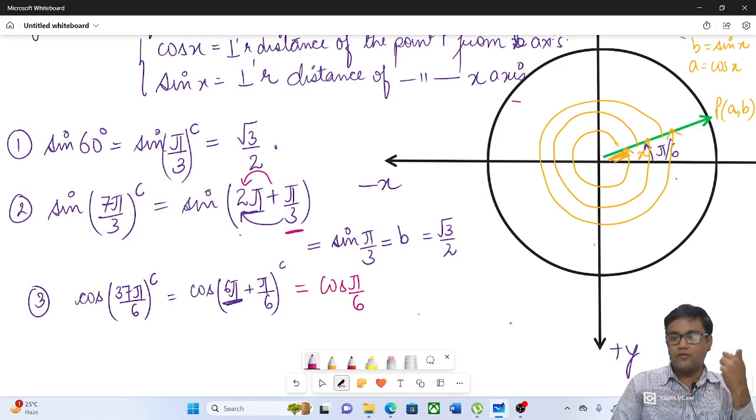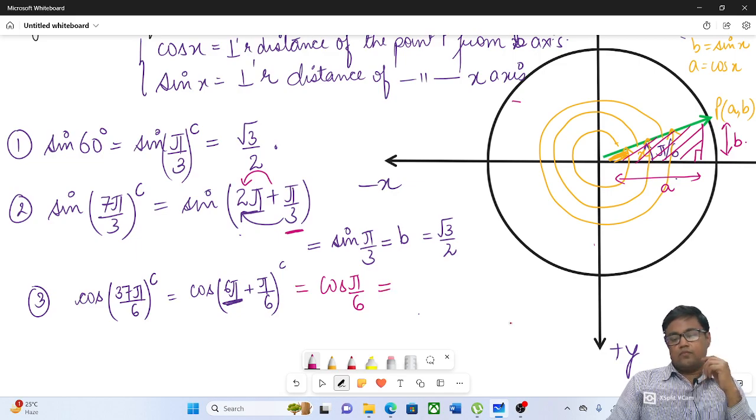Nothing changed, you are back on the same point, right. This triangle is the same, this is the height a comma b, and this is the base a. So the value of cos pi by 6 is cos 30 degrees, and cos 30 degrees, children, is sin 60 degrees, which is root 3 by 2, right.